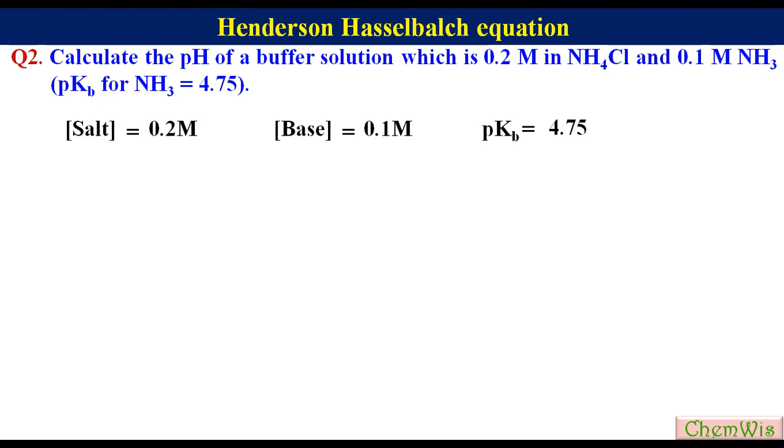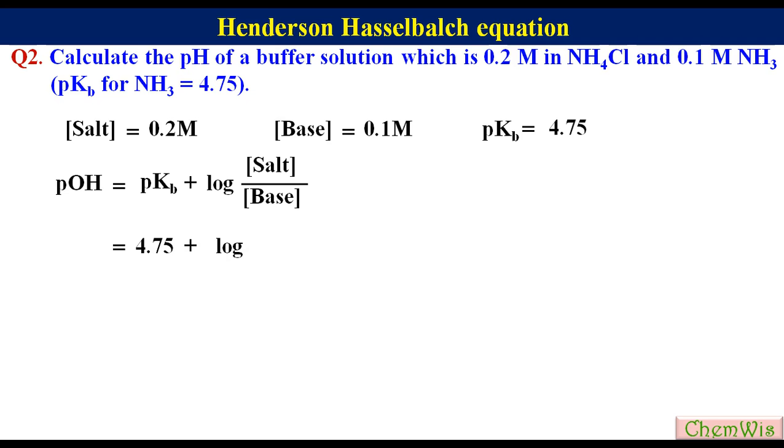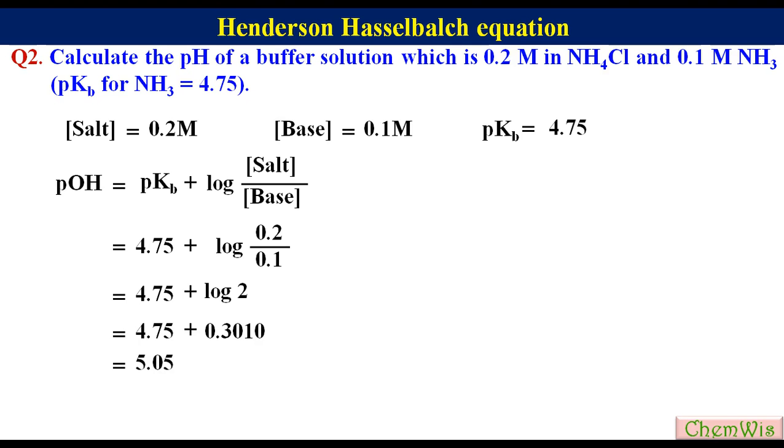Since this is a basic buffer, we will first calculate pOH from the Henderson-Hasselbalch equation. pOH is equal to pKb plus log molar concentration of salt upon molar concentration of base. pOH will be equal to 4.75 plus log 0.2 upon 0.1, is equal to 4.75 plus log 2, is equal to 4.75 plus 0.3010, is equal to 5.05.